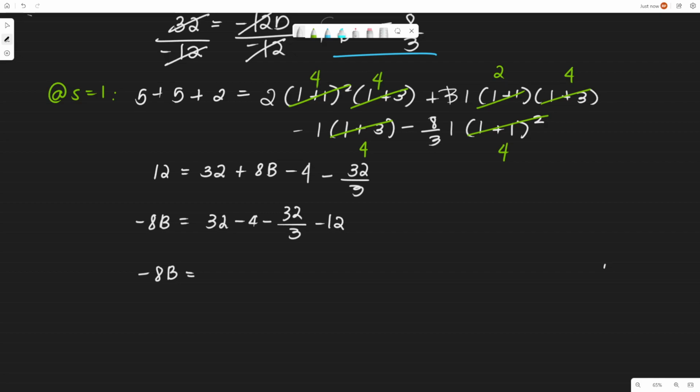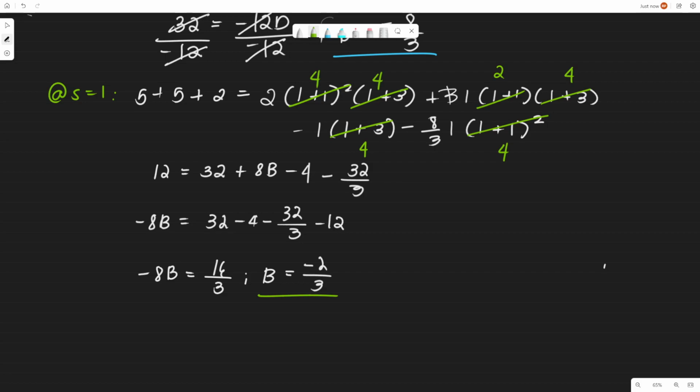So that is 16 over 3 divided by negative 8. So we have B. So we have B is equal to negative 2 over 3. Okay? So, ayan. Nakuha na natin yung A, B, C, and D.